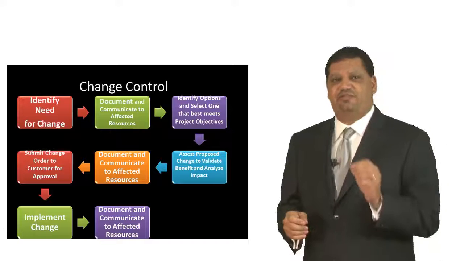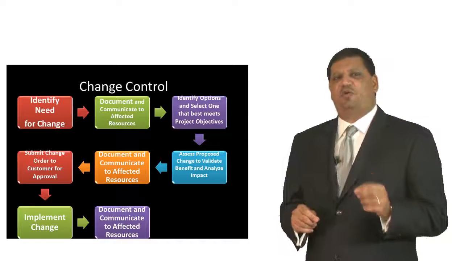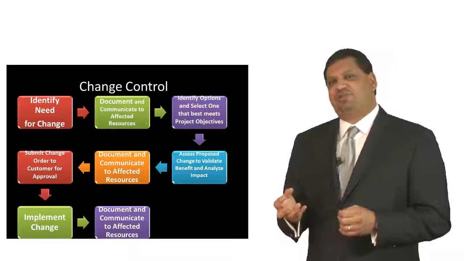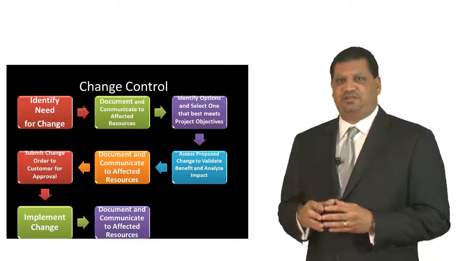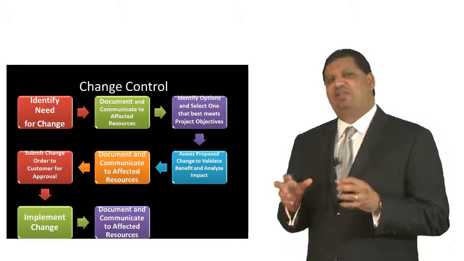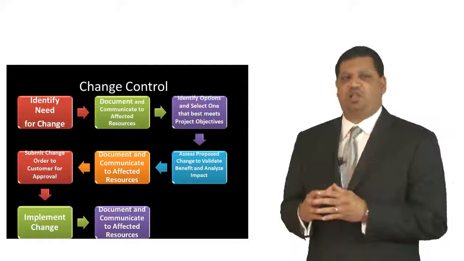The first step is to identify the need for change. We document and communicate the need for that change to all affected resources, and then we identify options and select the one that best suits the project's objectives. We then assess that proposed change and then communicate that to all affected parties and submit a change request to the client.